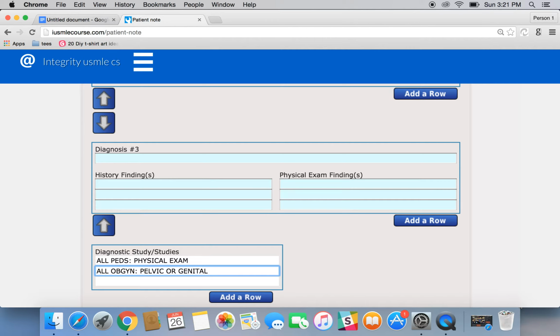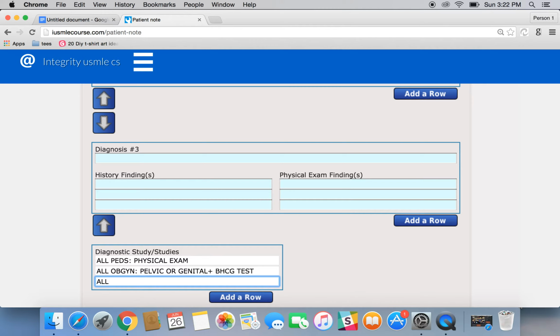If it's a premenopausal case, we'll also have a beta HCG test to rule out pregnancy. In pelvic examination, we're taking a look at everything that's genital and rectal, while in genital exam, we're focusing only on the genital parts.